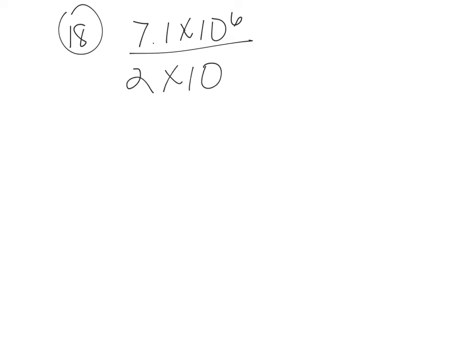Number 18. So 18 is dividing, and dividing is similar. Divided by 2 times 10 to the first. So we're going to take 7.1, divide it by 2. And so I can just do my long division right here.